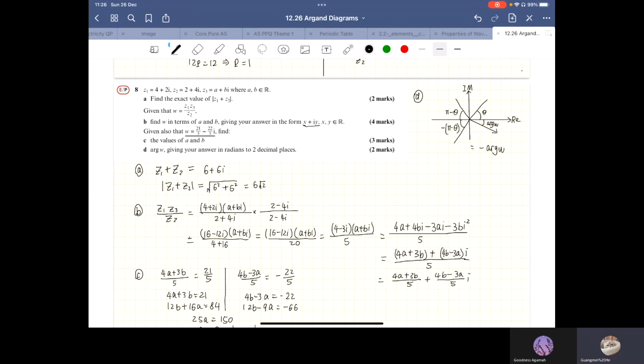And first of all, what is the argument of w? What trigonometric function do we need to use? Tangent.